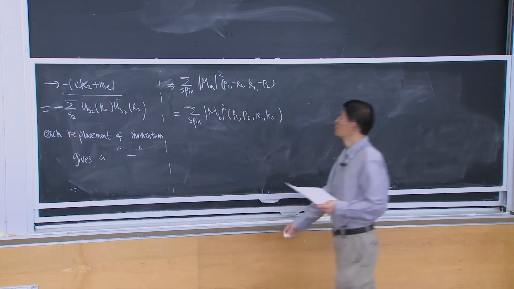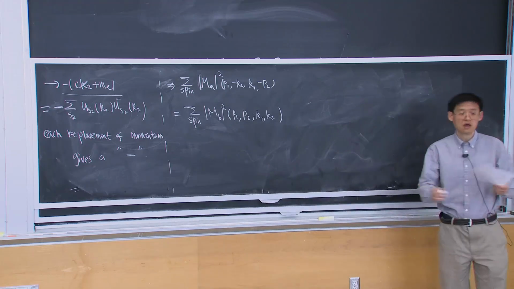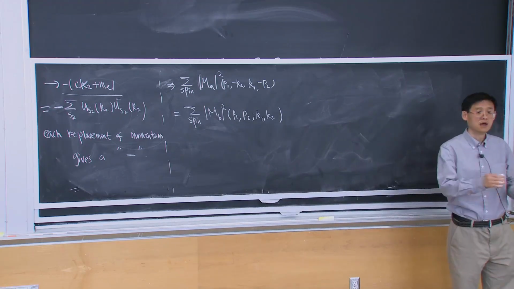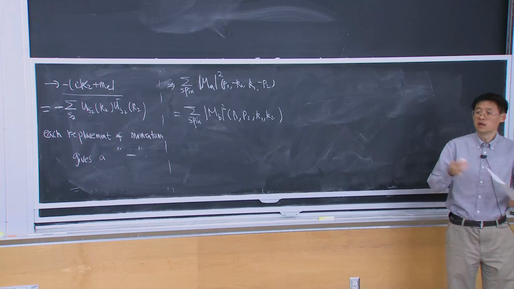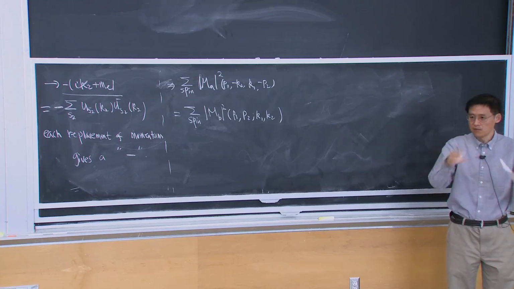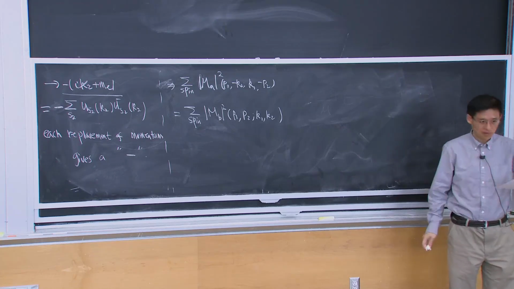So there's a simple relation between the amplitude squared when you do the spin sum, and you just need to rename the momentum.